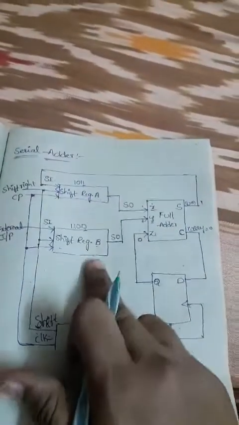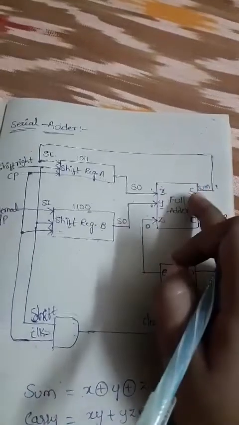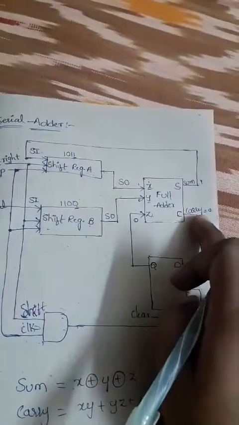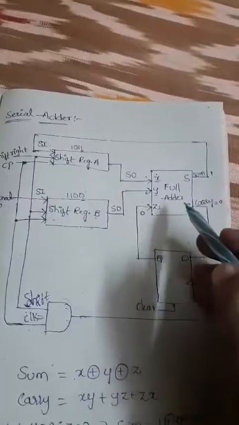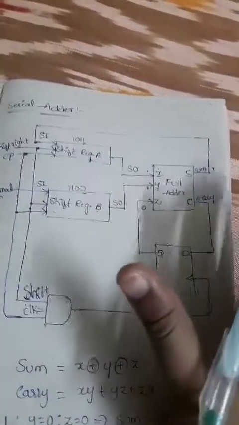Okay, so after adding the LSB bits of these two, we get sum and carry. That sum is given back to the serial input of shift register A. In the same way, the carry will be given as input to the D flip-flop. So whatever result we collect from this full adder is given back to the input path.